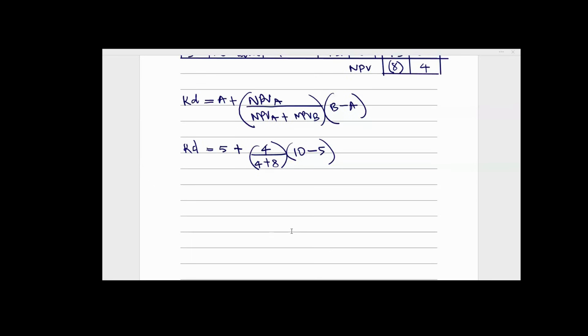Our final answer, the cost of redeemable debenture of Ronaldi PLC is 6.67%. You can round this to the final answer. You can say this is approximately 7%. All right. The cost of redeemable debenture of Ronaldi PLC is approximately 7%.